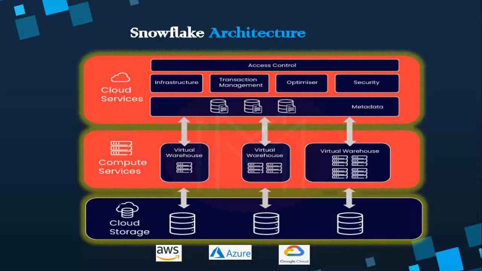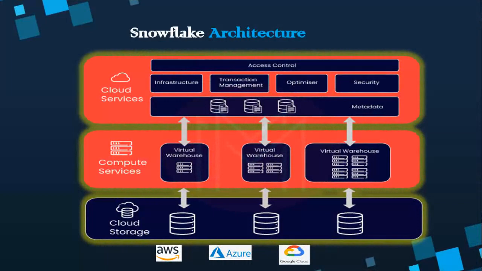If you choose Azure, it stores in Azure Blobs. And if you choose Google Cloud, it stores in GCP storage. So the conclusion here is that Snowflake does not have any dedicated databases to store the data.